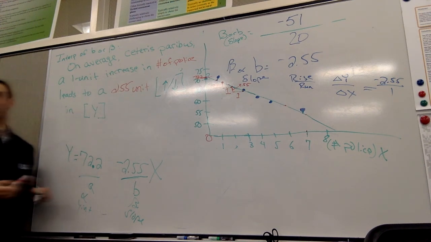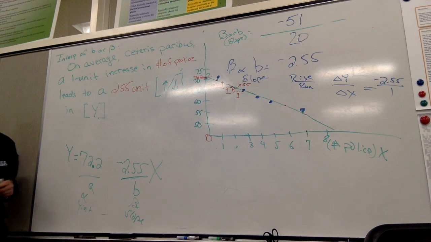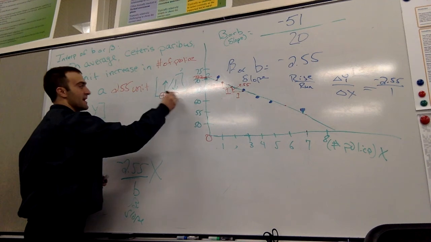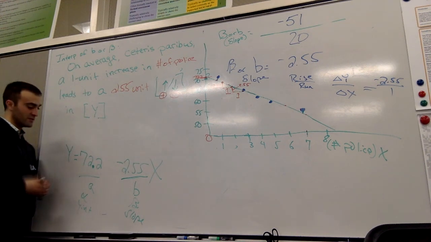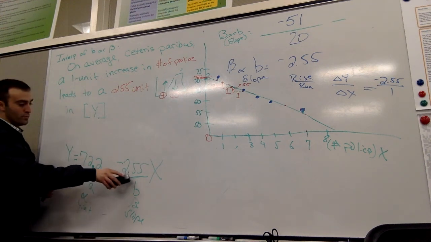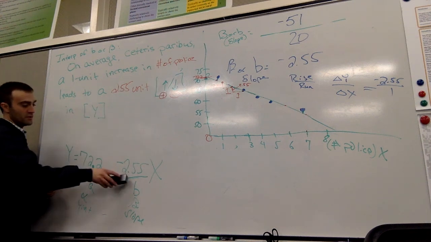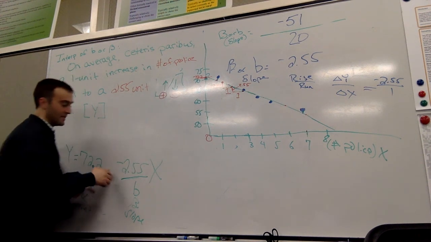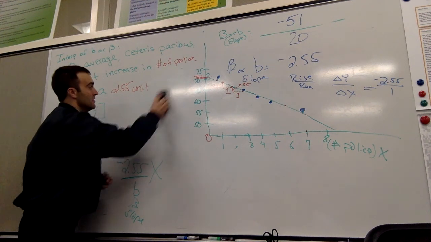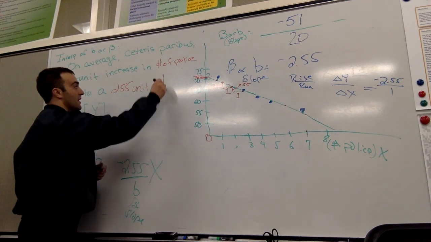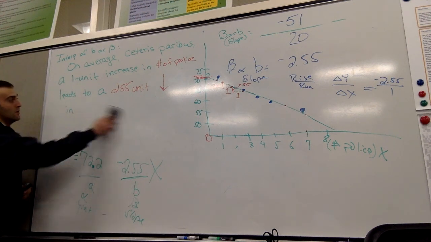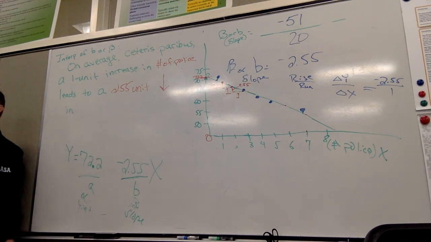The sign tells you whether it's an increase or decrease. If it's a positive sign on there, it's an increase. If it's a negative on that beta, it's a decrease. So when you put beta into your template, you just put the number in, and the sign tells you whether it's increase or decrease. In this case, the beta is negative. So a 2.55 unit decrease in whatever y is subsequently.